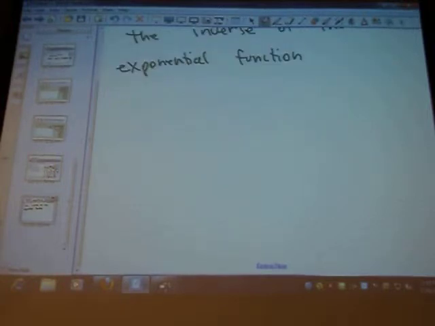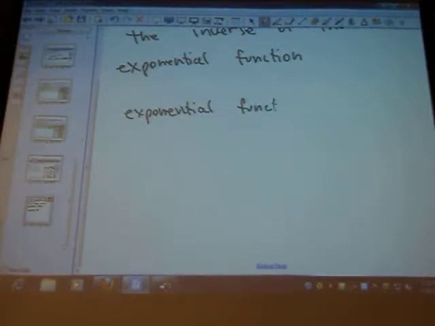Okay, so let's compare here the exponential function that we just talked about. So you have y equals a to the x power. Then x is the variable, or x is the power.